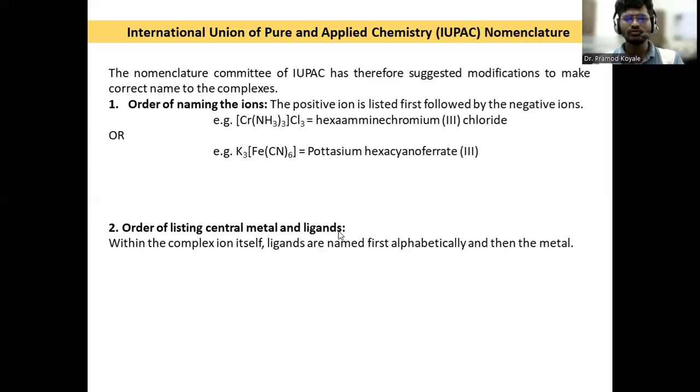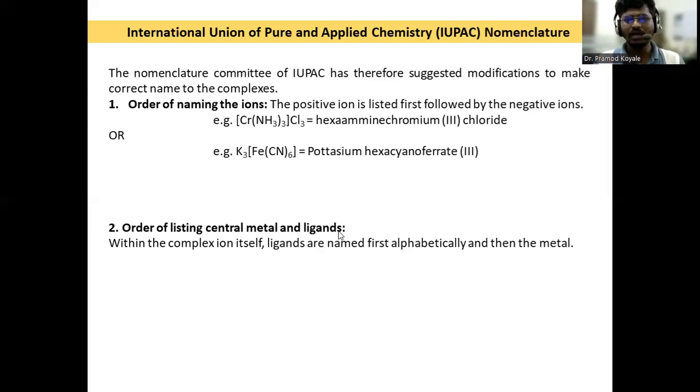The next rule is related to the order of listing the central metal and the ligand. Within the coordination sphere, that is the coordination complex ion, first write the name of the ligand followed by the metal one. And if there are different ligands, write the names of the ligands alphabetically.